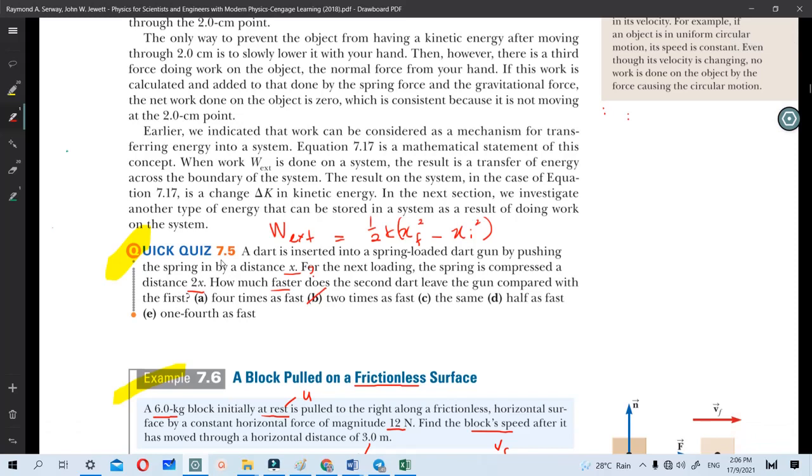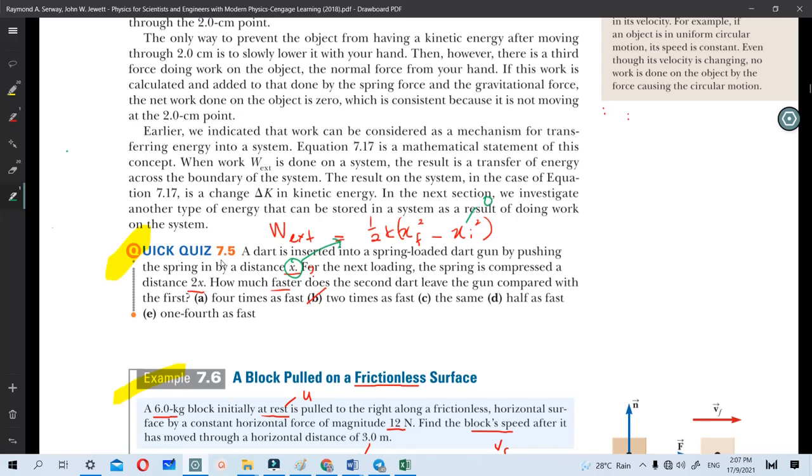So they want you to compare how much faster the second one is. What we do is divide equation by equation. However, it is important to note that when we substitute, in the case of x, the situation starts with initial 0, and the final is x alone.